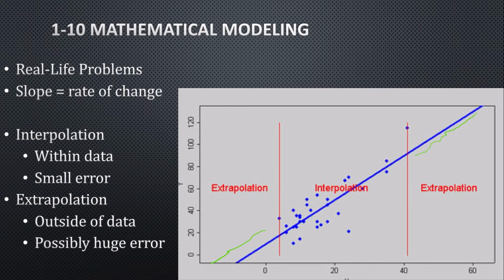If you go backwards, females weren't allowed in. So that is extrapolation. It's outside of the data and could have huge errors because you don't know the conditions. The model might not fit.